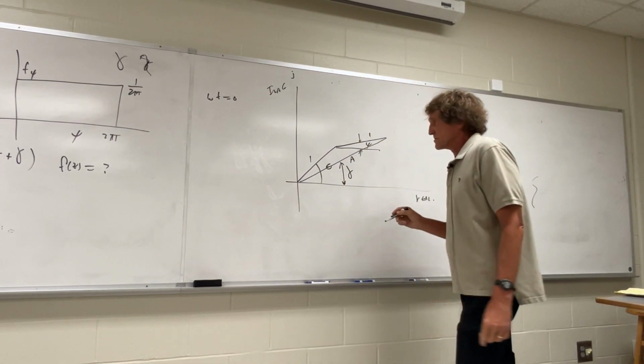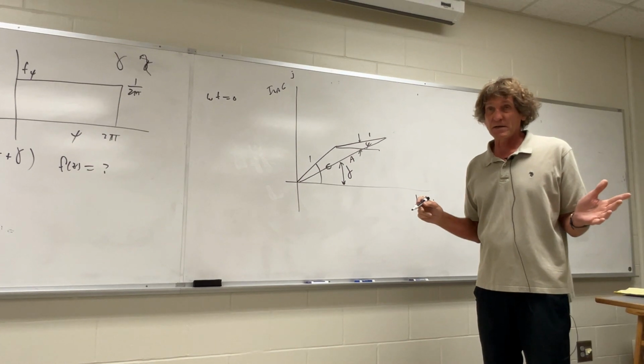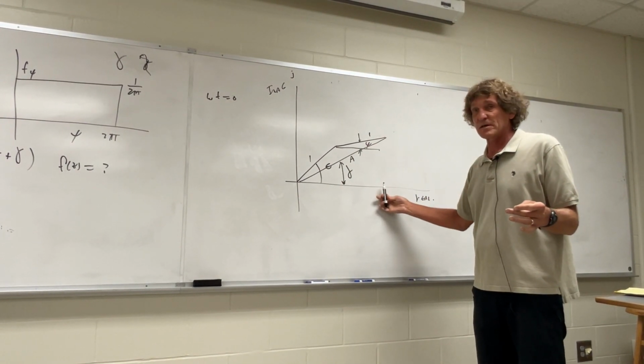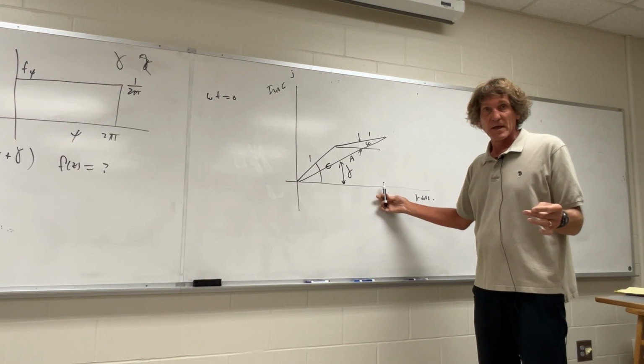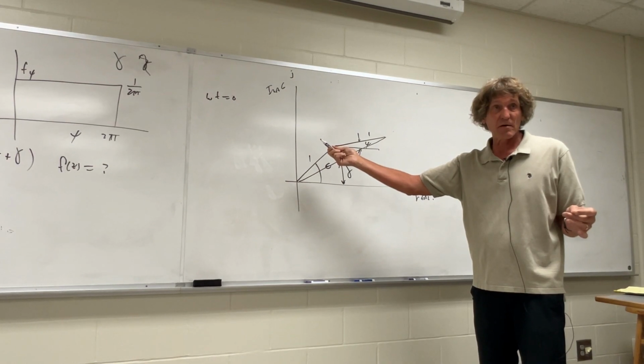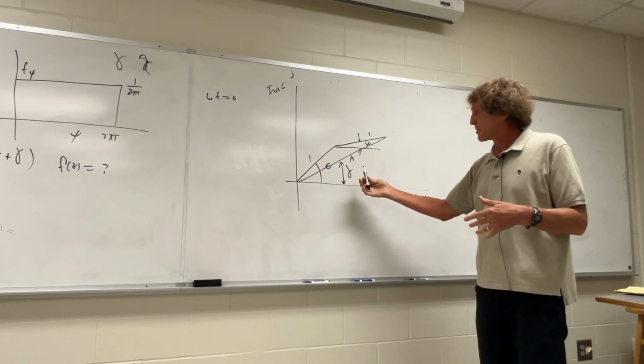Now here's what I do. Do you remember what I did at this point? I take the components in the horizontal direction, and I take the components in the vertical direction, and then I square them and set it equal on both sides of the equation.